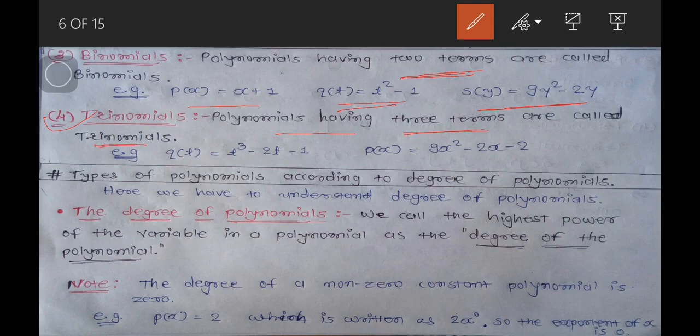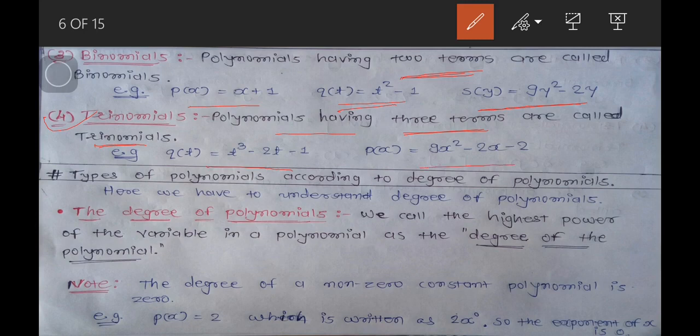In a polynomial, if there exist three terms, then we can say that the given polynomial is a trinomial. Some examples: q of t is equal to t cubed minus 2t minus 1. Here you can see that there are only three terms in the given polynomial, so it is called a trinomial.